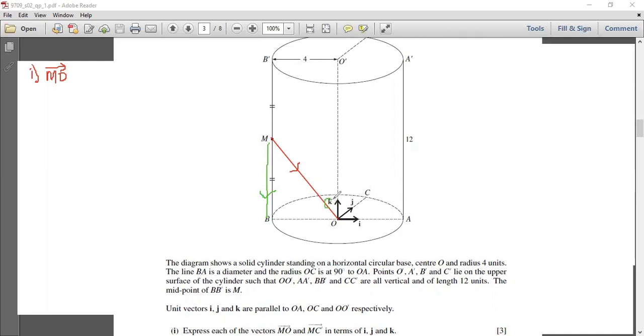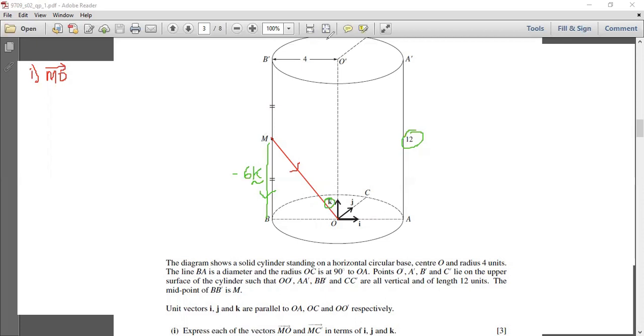This direction relates to k, and the length relates to the number 12 here, half of that, the midpoint, so half of 12 or 6. The downward green arrow signifies against the direction of k. k is positive pointing up, so it becomes minus 6k.